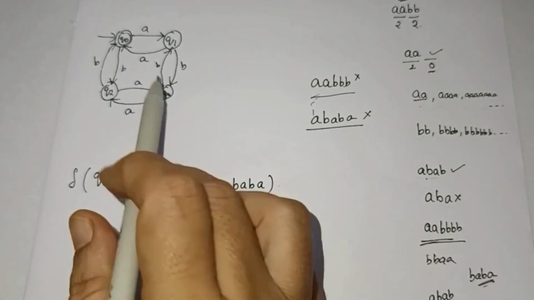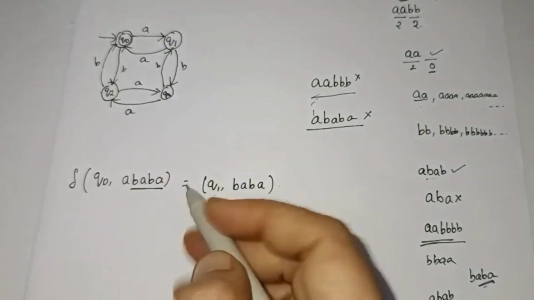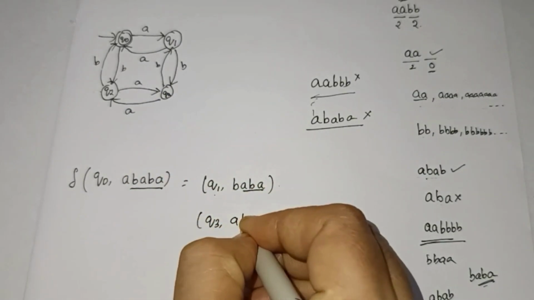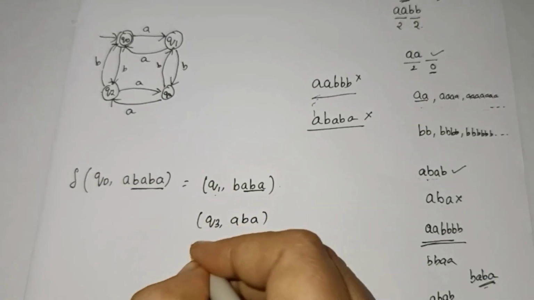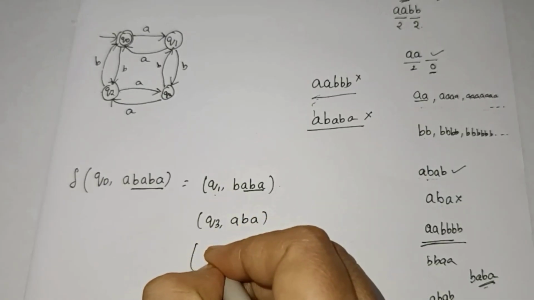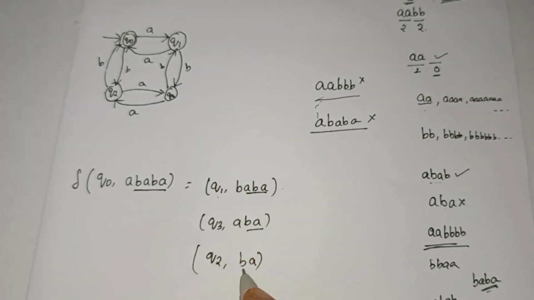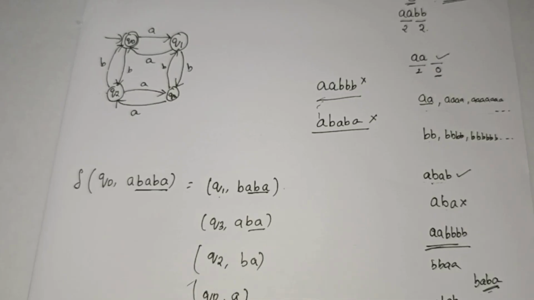This is now Q1 on B. Q1 on B is Q3. Q3 left out is ABA. Q3 on A is Q2. Q2 on B is Q0. Q0 on A is Q1, which is a non-final state. Hence, it is rejected. Okay.